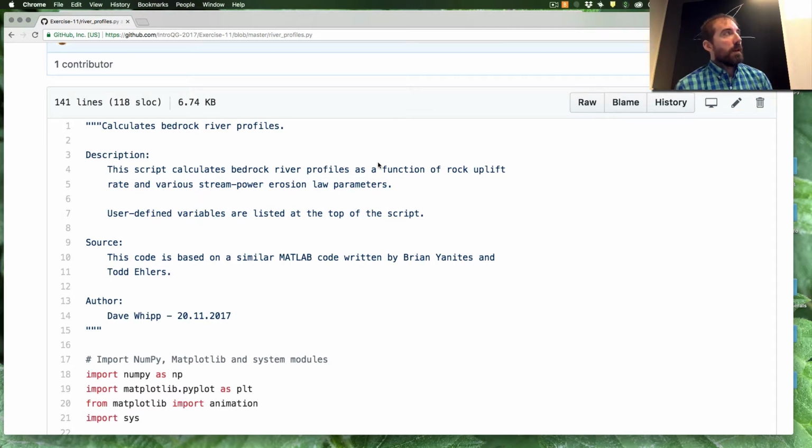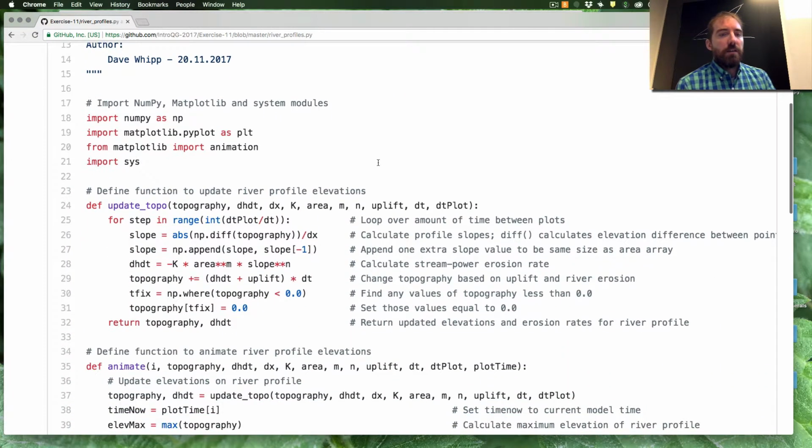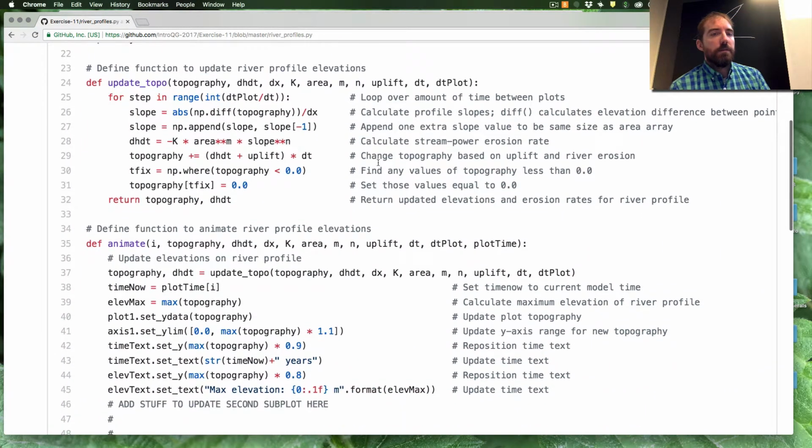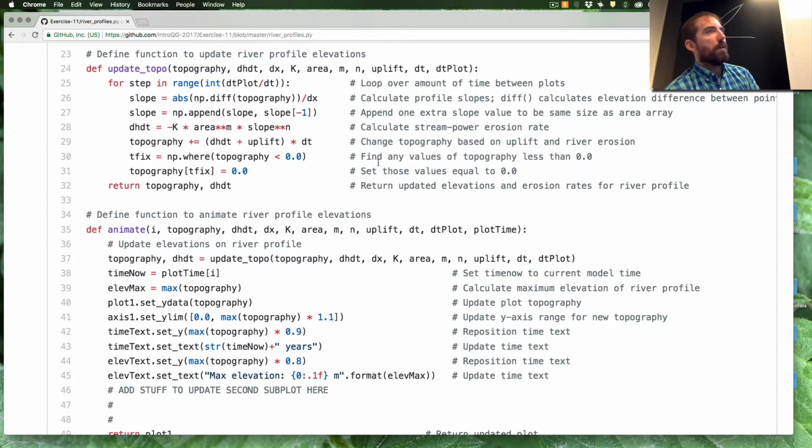for an uplifting landscape, and it's essentially like this river channel profile view like what we were just looking at. There are a couple things in here that are going to be new, and they're things that you don't have to code, but it's good to understand that they're here. So when the code runs this week, it's going to do an animation in the matplotlib window that pops up when it starts running that will show you how the river channel profile evolves through time. In order to do this in matplotlib, it's a little bit more involved.